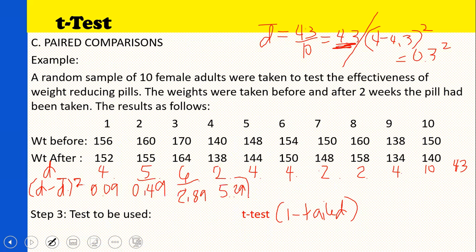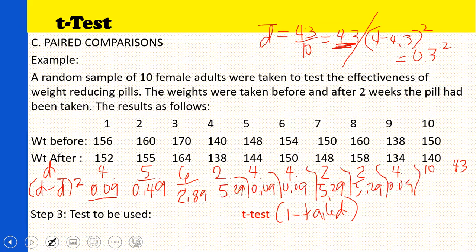Next one, same also here: 0.09, 0.09, and also here 5.29, 5.29. Same also here, that will be 0.09. And you also have 10 minus 4.3, then squared, that will be 32.49.